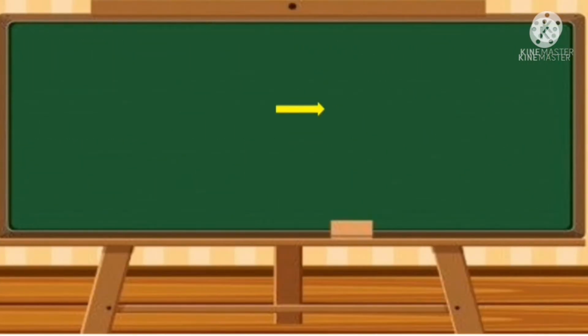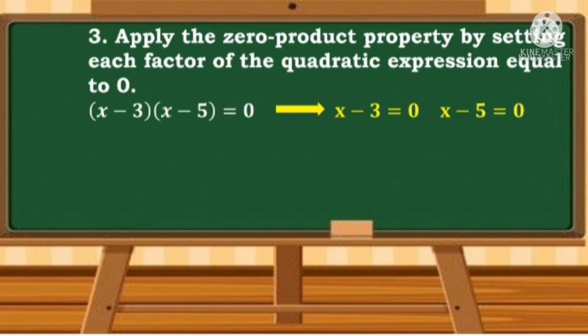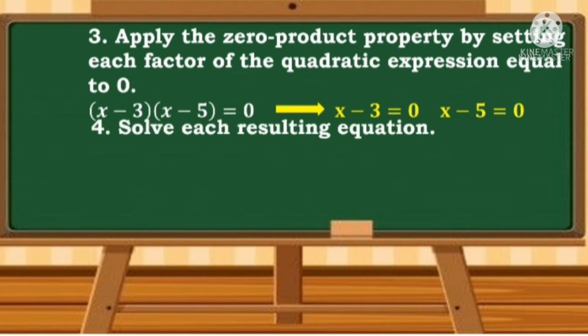Let's proceed to step number 3. Apply the zero product property by setting each factor of the quadratic expression equal to 0. It will become x minus 3 equals 0 and x minus 5 equals 0. Next step, solve the resulting equations. x minus 3 equals 0.